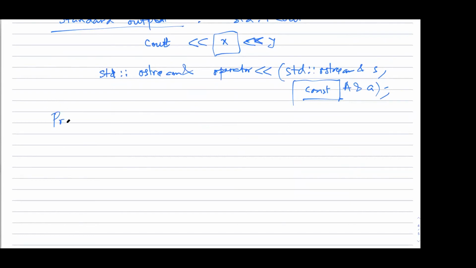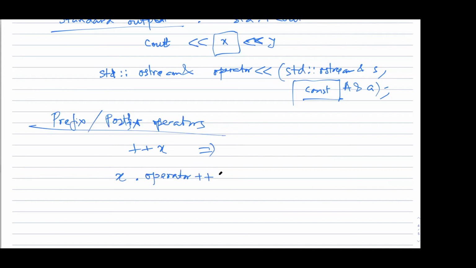So likewise, you can override prefix and postfix operators also. So prefix, postfix operators are like when we do ++x. So there, the ++x is essentially equivalent to writing x.operator++().